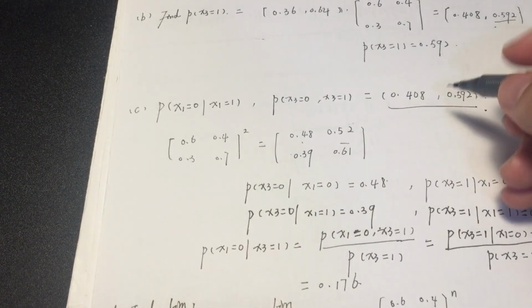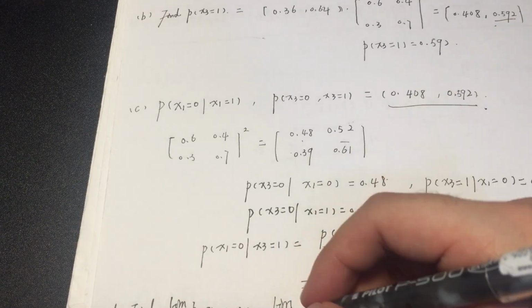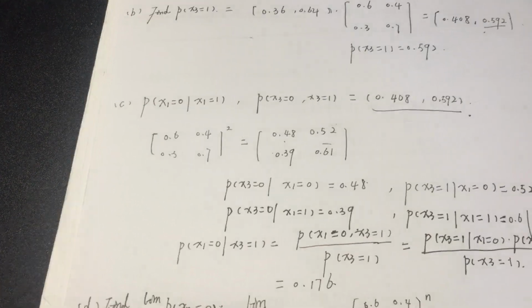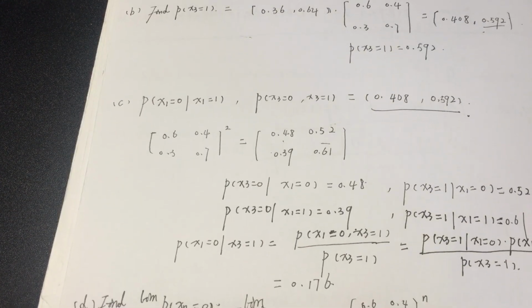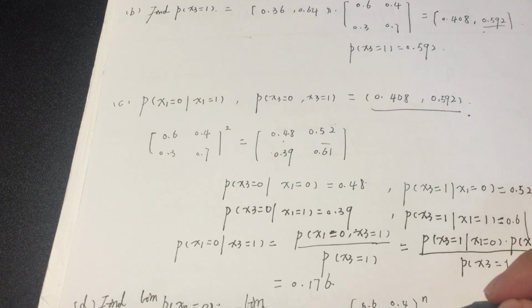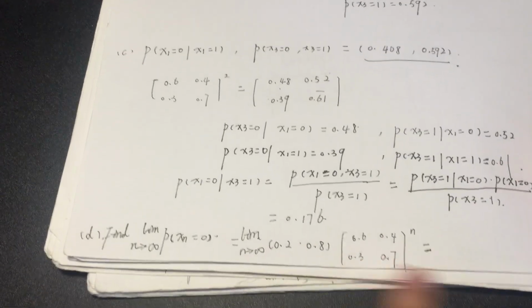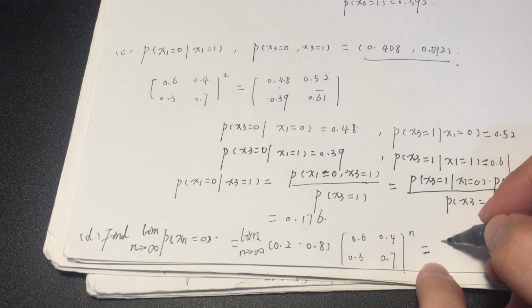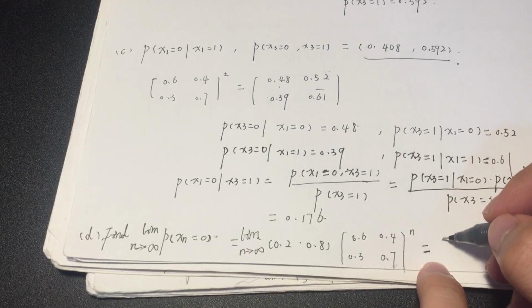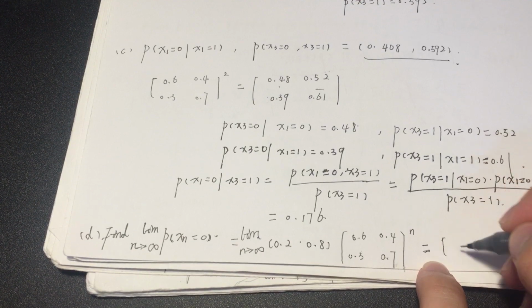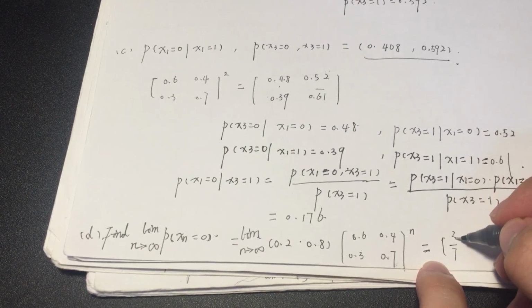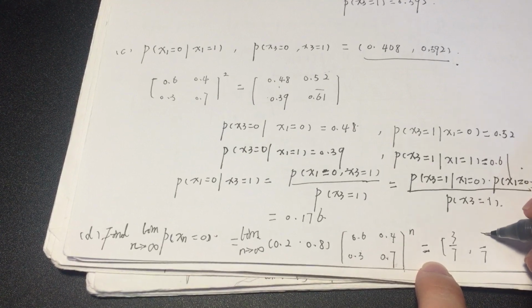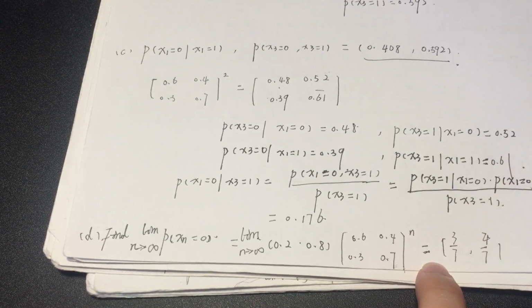And we need to make sure that n goes to plus infinity. And the result, after calculation, is close to 3 over 7 and 4 over 7.